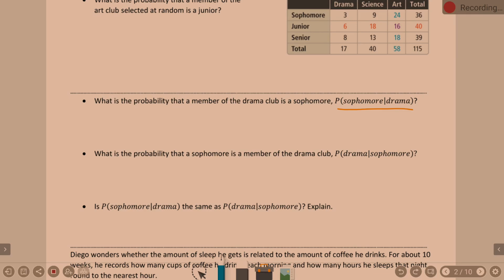So officially it'll read as probability of being a sophomore and in drama. So I'm going to write that as sophomore and drama. Over drama, the probability of being a member of drama club.